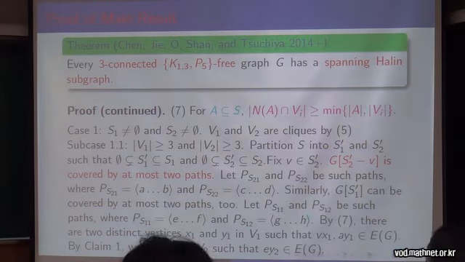Because there are at least 2 vertices in here, this guarantees that there are at least 2 neighbors in here. So I will take this one. A is adjacent to this one.